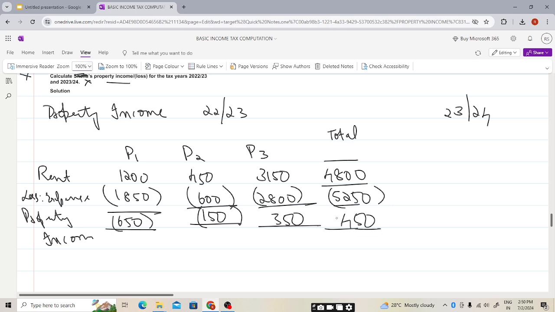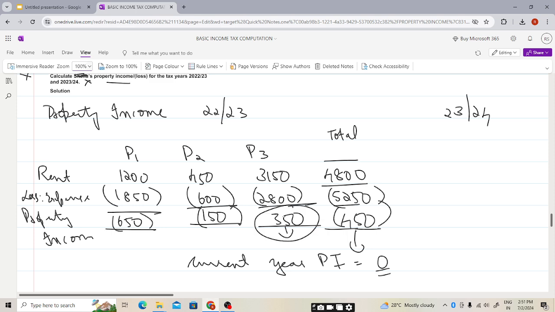Loss of 450. So our current year property income will be 0, because don't write that the property income is 350. No. Property-wise, your income for property 3 is 350, no issues.